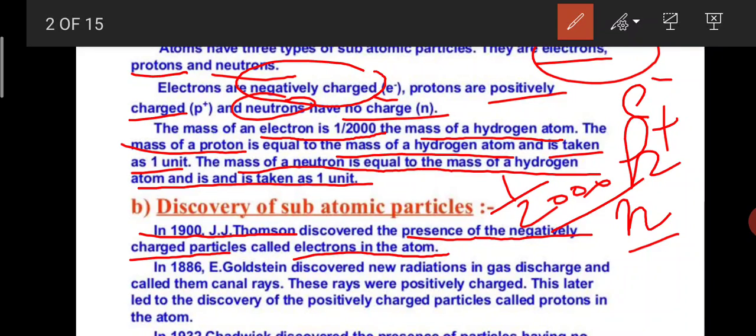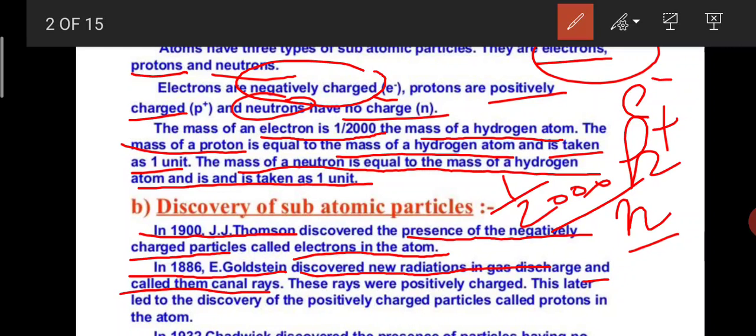Second, the proton. Proton was discovered by E. Goldstein in 1886.